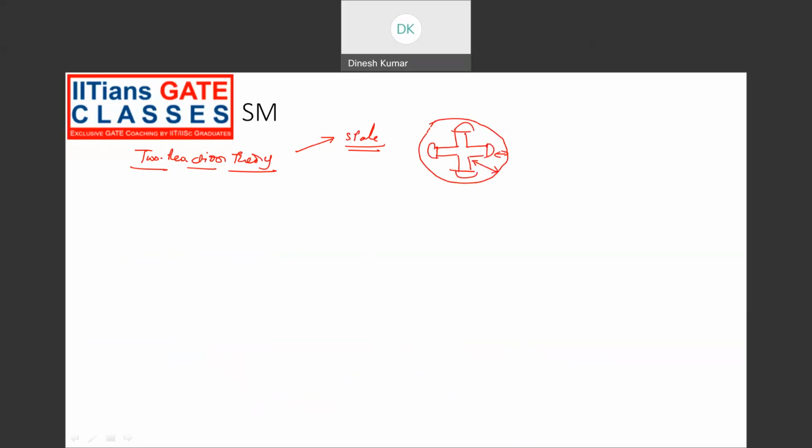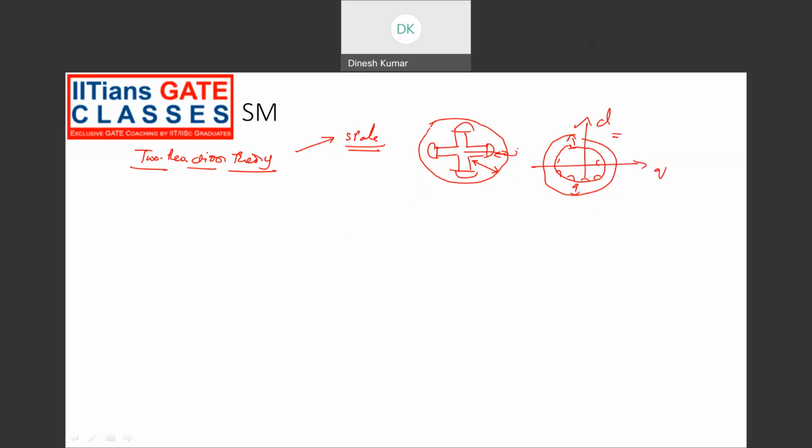But if you take the cylindrical rotor, this is the stator, and the rotor will also be cylindrical, and then we have some slots here. So the air gap is almost uniform, right? So in cylindrical rotor machines, air gap length is the same along the D axis and Q axis. This is called the Q axis and this is the D axis. So the air gap length is the same.